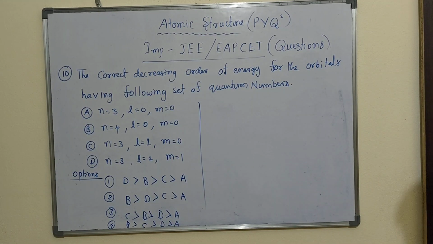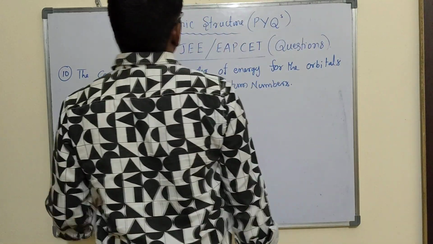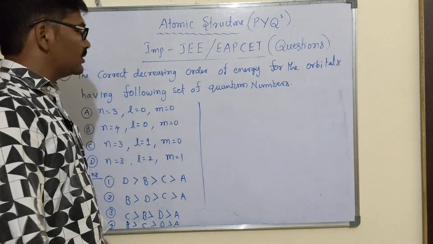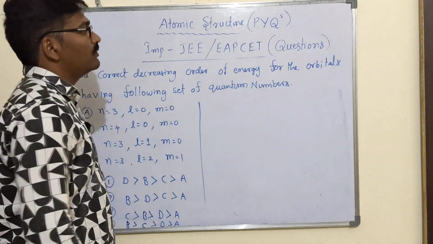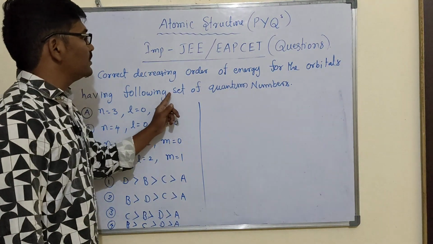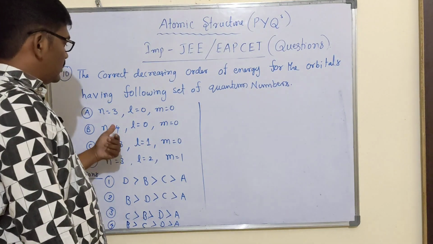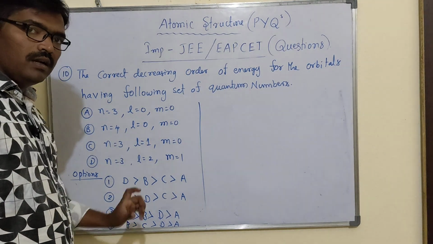So look at, my dear students, even here one more previous year question is there, a JEE Mains question only. The correct decreasing order of energy for the orbitals having the following set of quantum numbers. So quantum numbers are given, and they are asking the energy of orbitals.